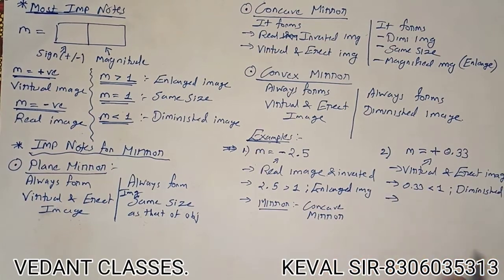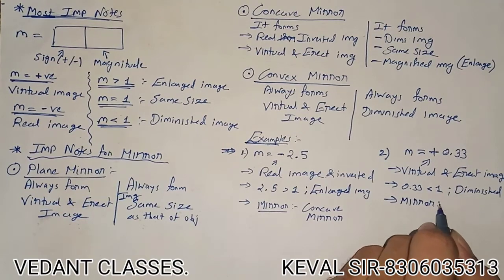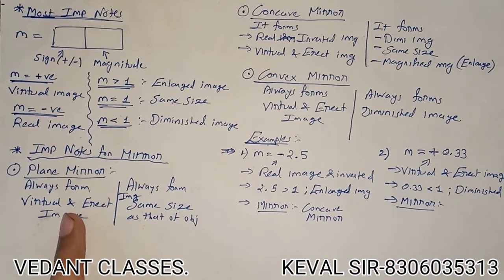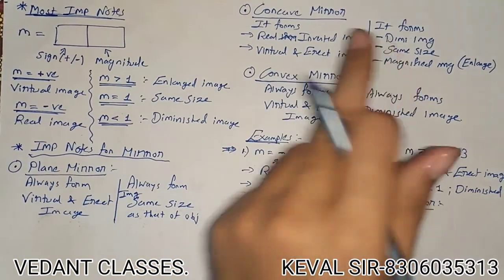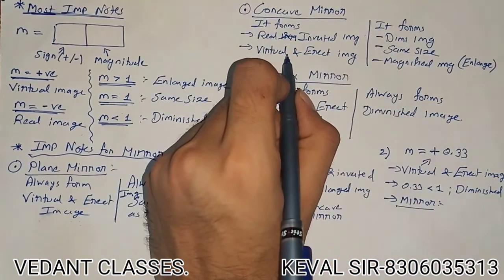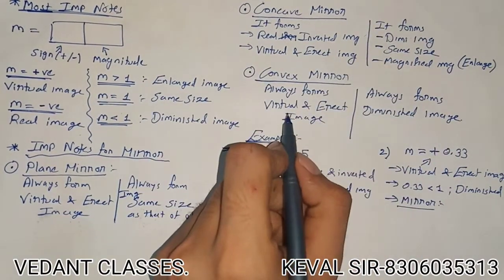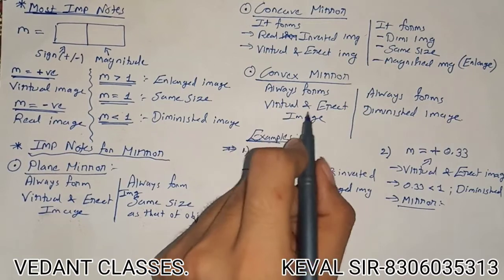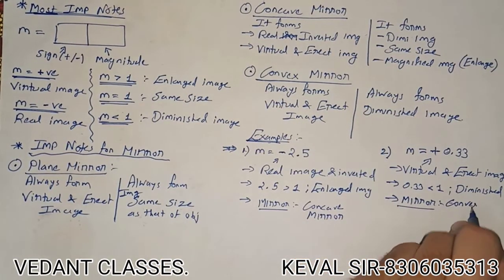Now to identify the type of mirror: plane mirror forms virtual, erect and same size image. Concave mirror forms virtual, erect and magnified image in the sixth case. In the case of convex mirror, it forms virtual erect image with diminished size. So this is a convex mirror.